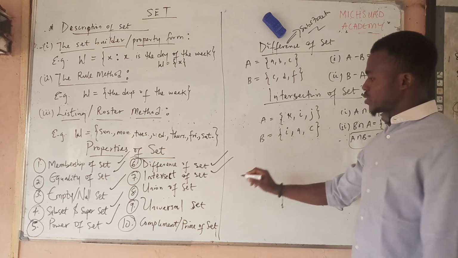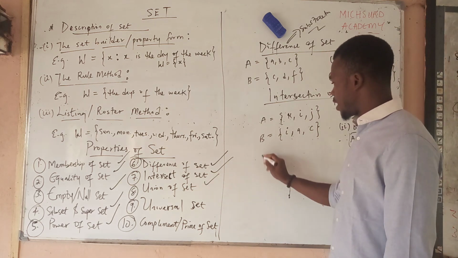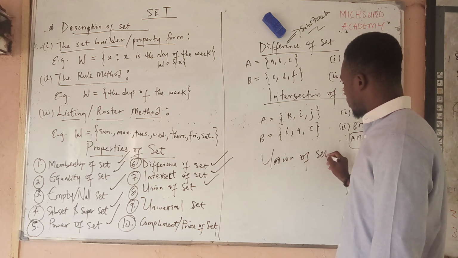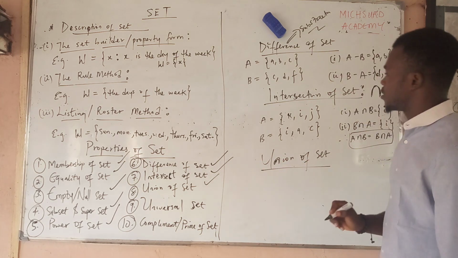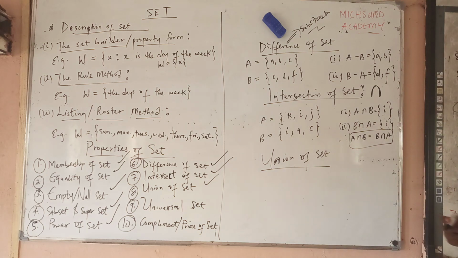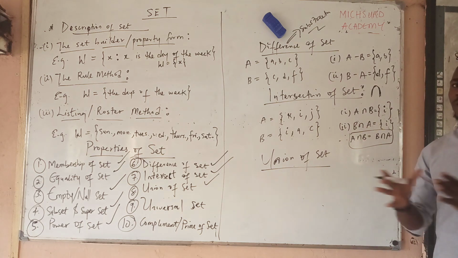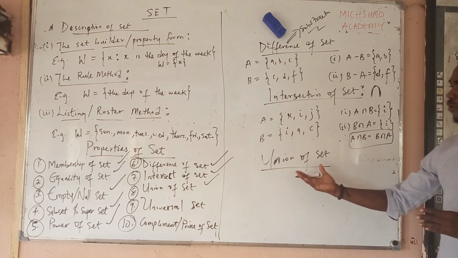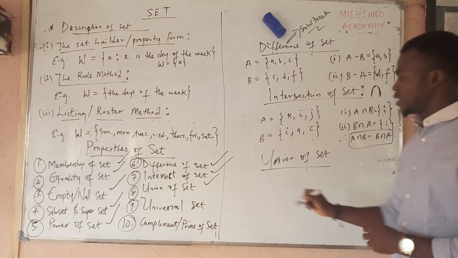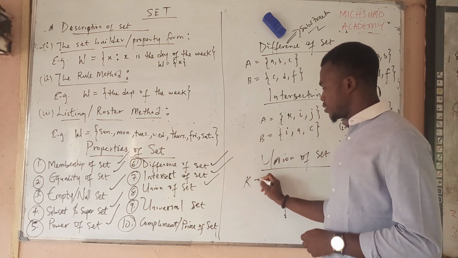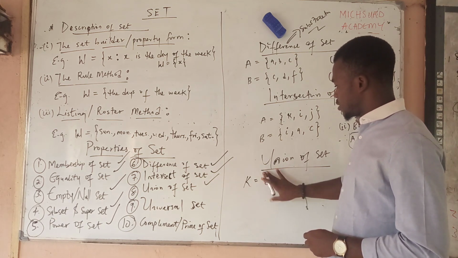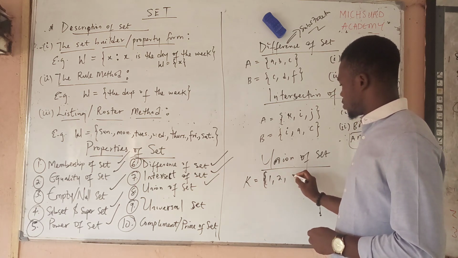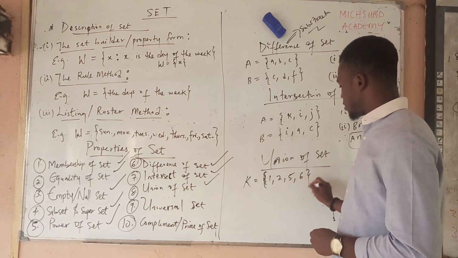Now, for the next one, we have the union of a set. When we talk about the union of a set, what comes to your mind? Combining. Joining together. That's the union of a set. Now, let's say we have a set K equal to the elements 1, 2, 5, and 6.